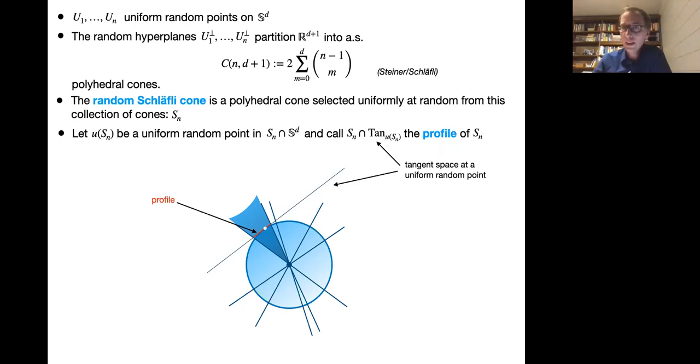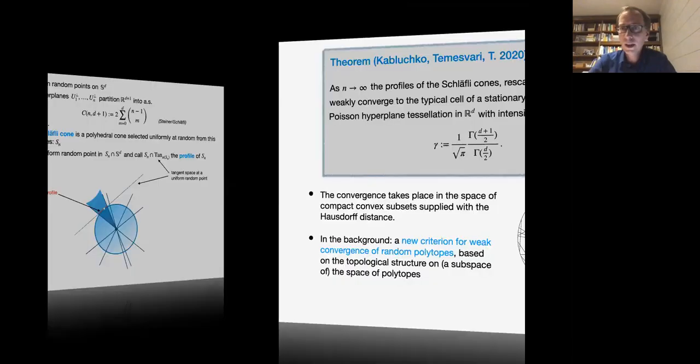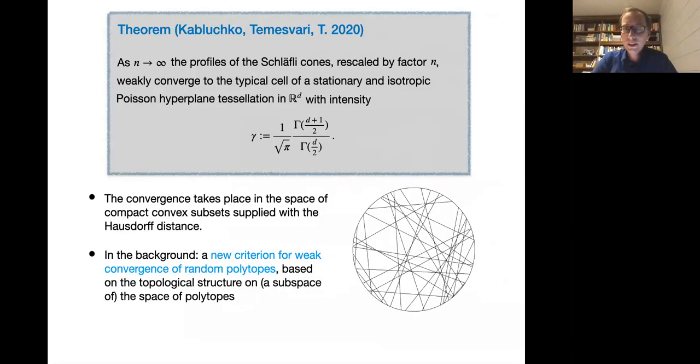And our question was, is it true that these profiles themselves as convex bodies maybe also converge to something? And this is indeed the case. And this is our main result. First of all, we identify the limit. And at the same time, we also introduced a new method of how to prove this, because all the methods we knew were not able to capture this.